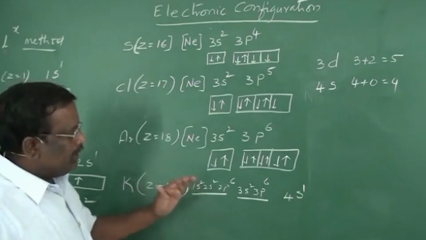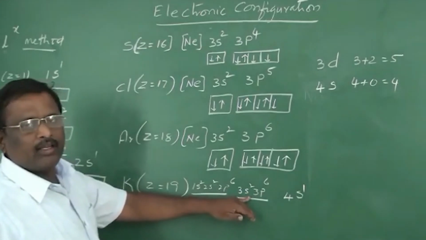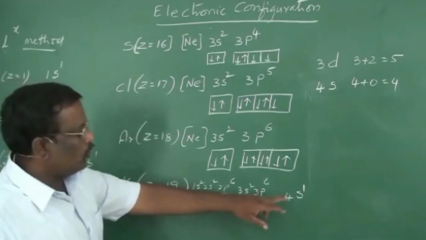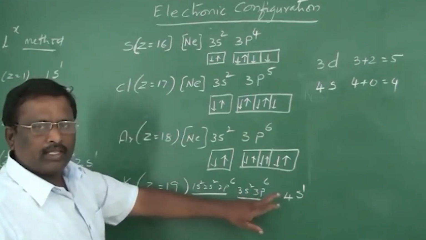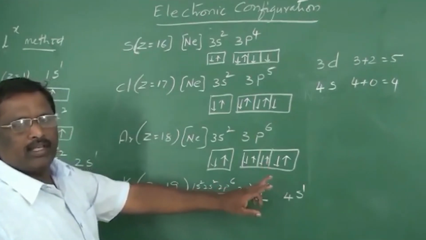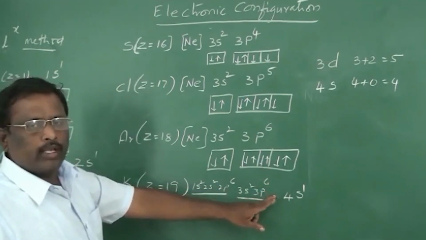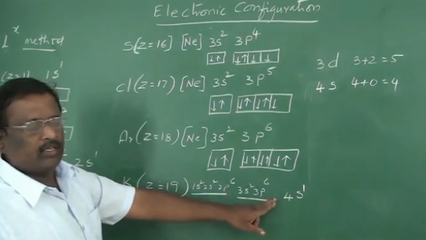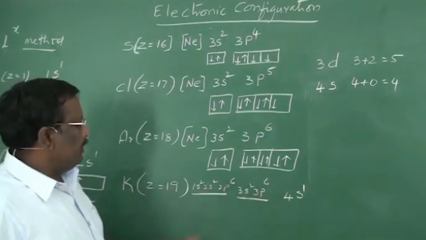Though there is a d orbital in the third energy level, its n plus l value is more than 4s. That's why the electron will enter into 4s instead of 3d. So in potassium, the electronic configuration will be argon, up to this is the argon configuration, and 4s1.